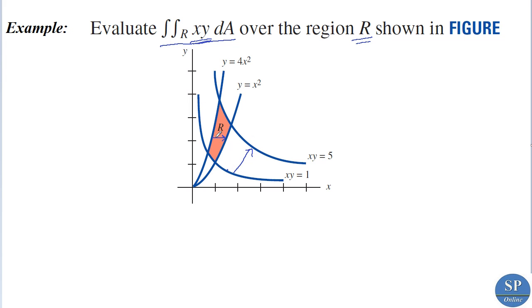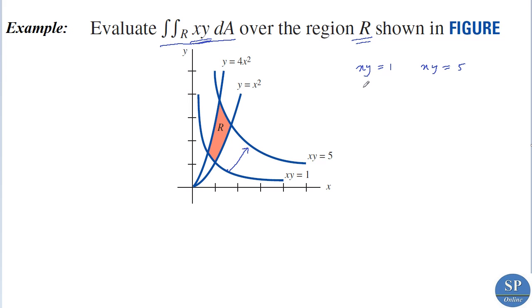The intersection will be this region. From the boundary of this region, we know that we have xy equal to 1 to xy equal to 5, this curve to this curve.